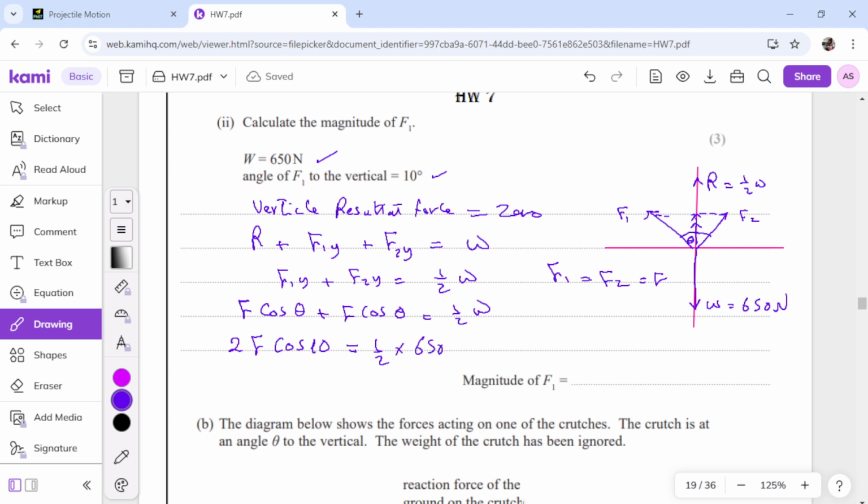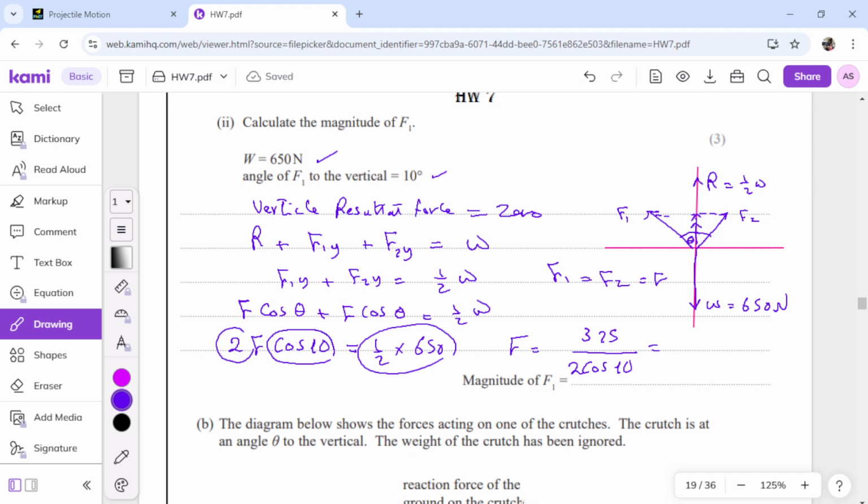It means F equals half of 650, which is 325, so I have to use my calculator. 325 divided by 2 cosine 10 equals what?